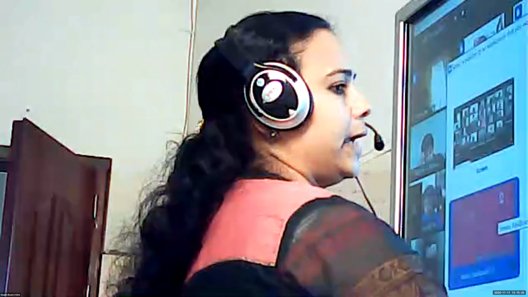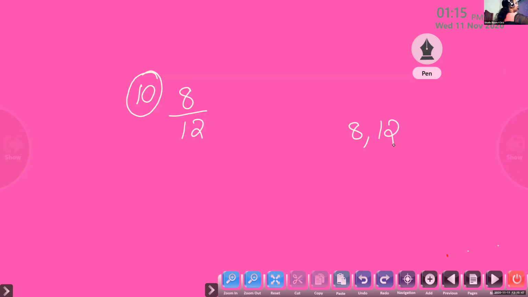Okay, so here 8 and 12. Gautam, please unmute and help me to find the HCF. Ma'am, 4. First I will start with 2, because of prime factorization. 4 twos are 8, 6 twos are 12.